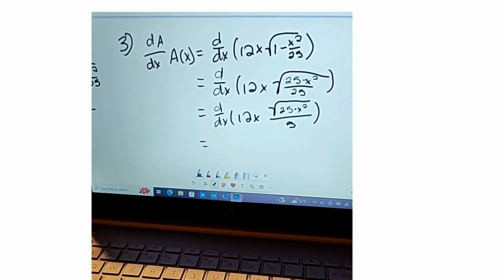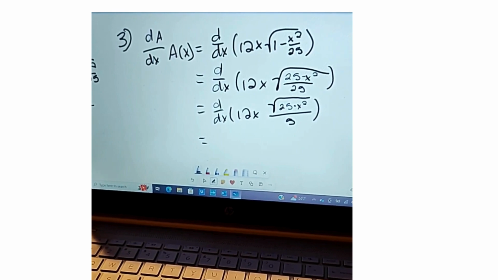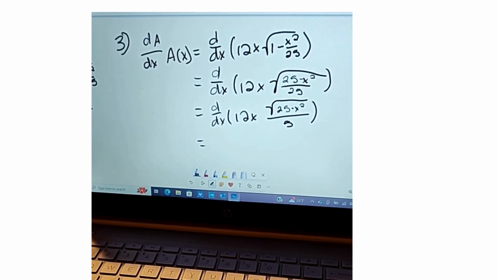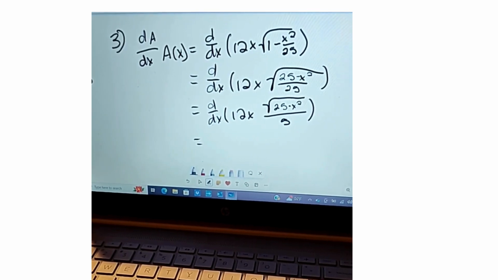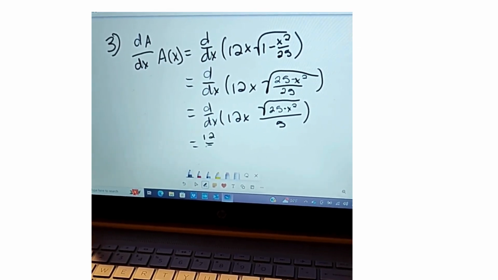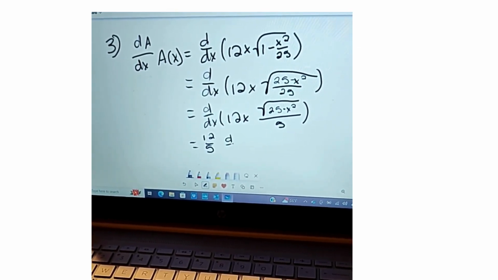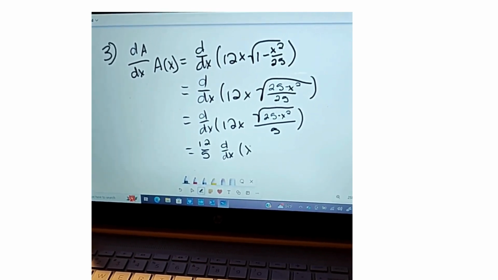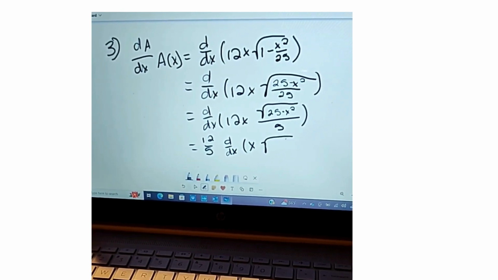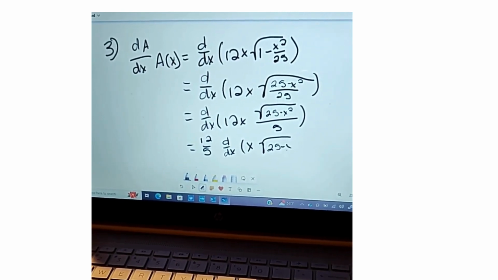And then we're going to our next step, which is we can take the 12 and the 5 out, so outside of the derivative. So you have 12 over 5 d over dx of whatever is left, 25 minus x squared.